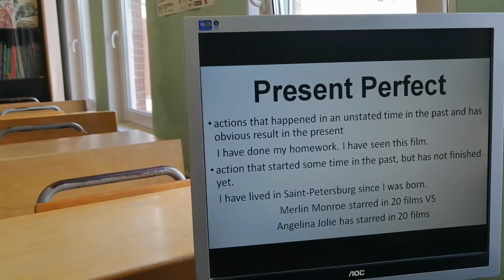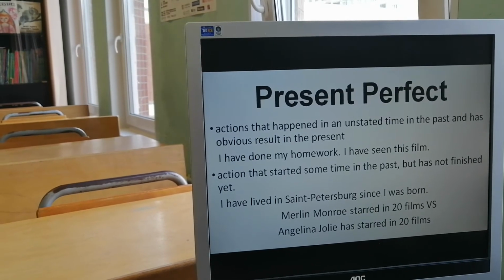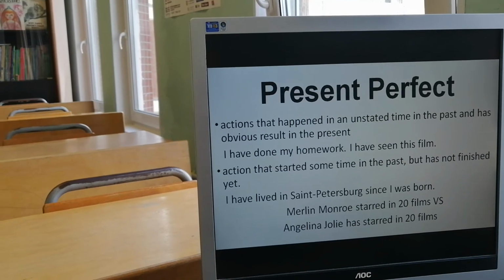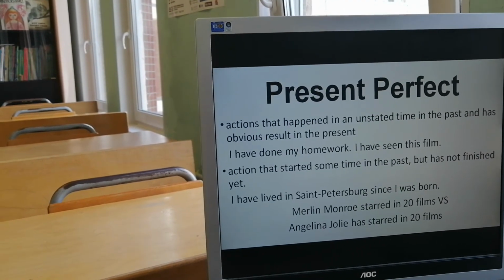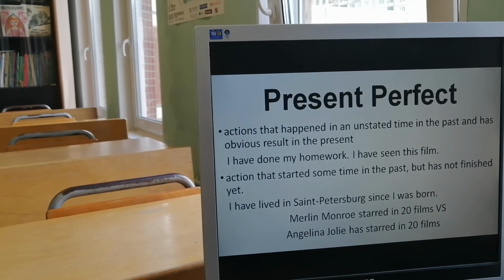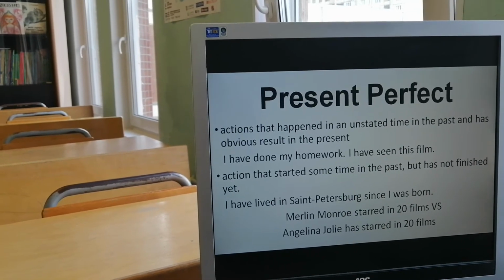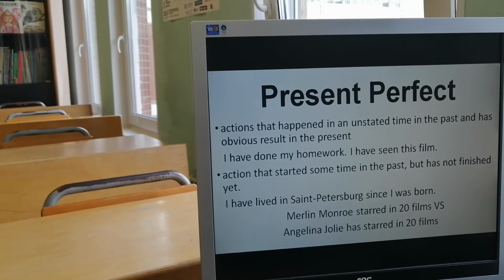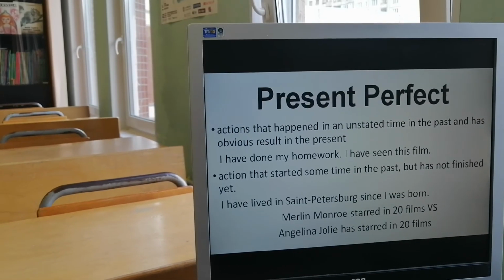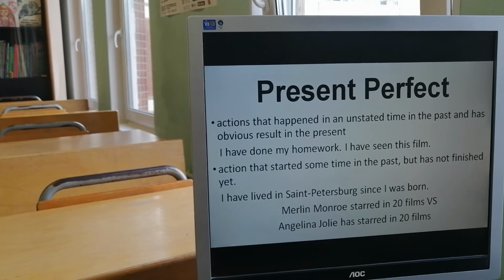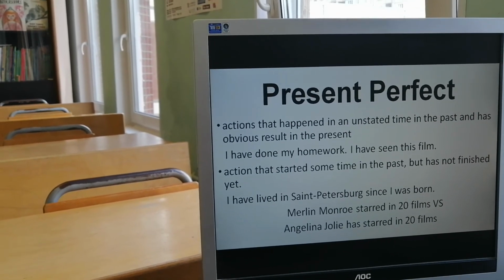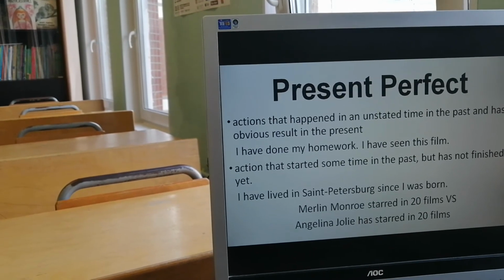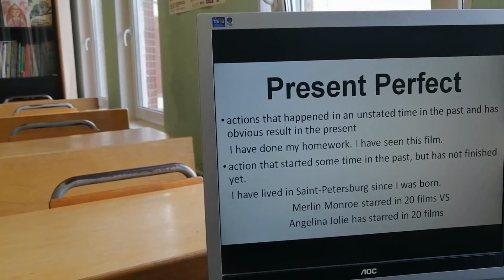Look, Marilyn Monroe starred in 20 films. We use past simple because she's not alive. Versus Angelina Jolie has starred in 20 films because she can star in some more. So if the time we are talking about is over, then we use past simple. When it's not over, we use present perfect.